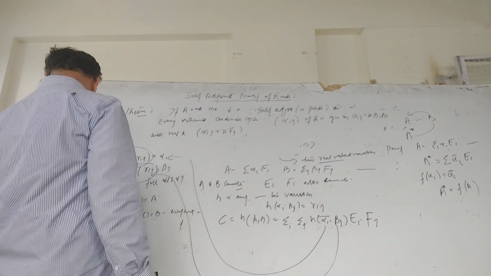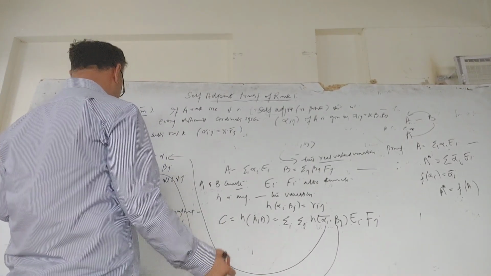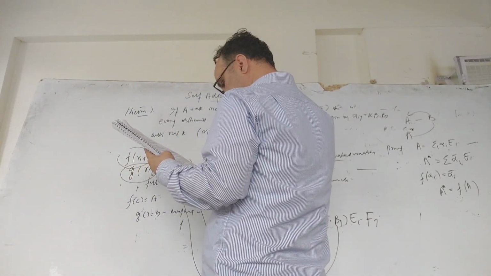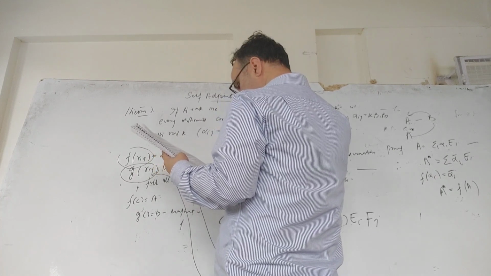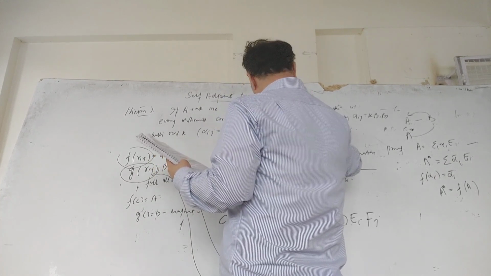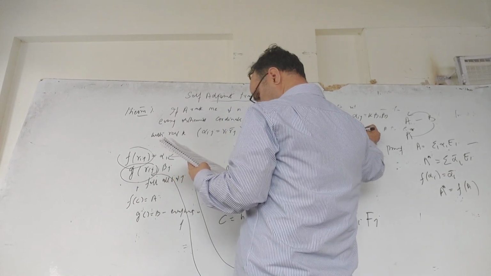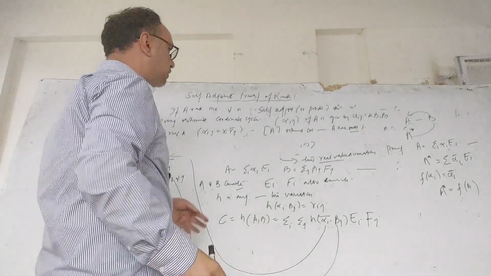Conversely, if A has this form in some orthonormal coordinate system, then A has rank 1, and the self-adjoint is positive.